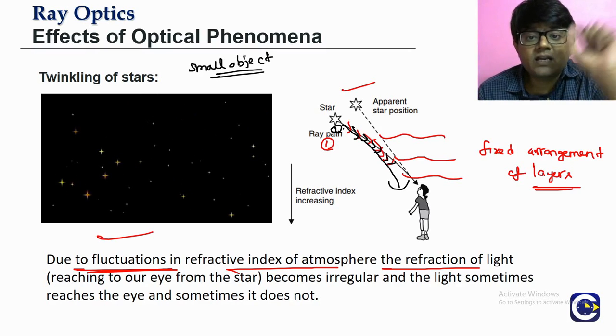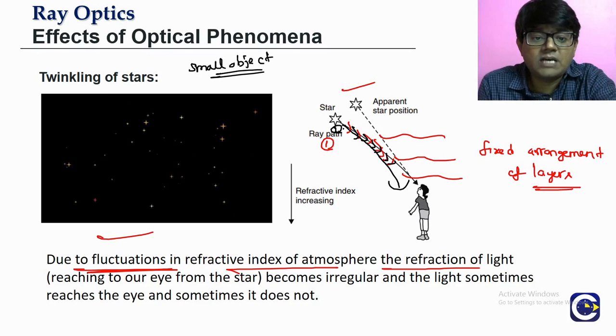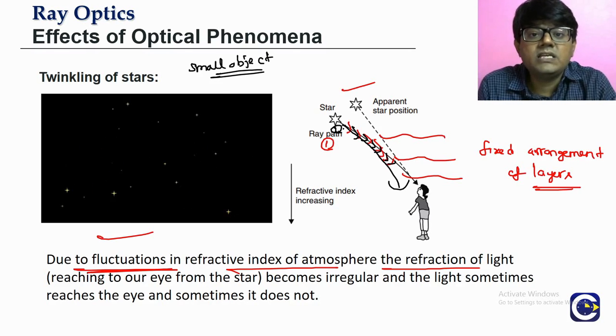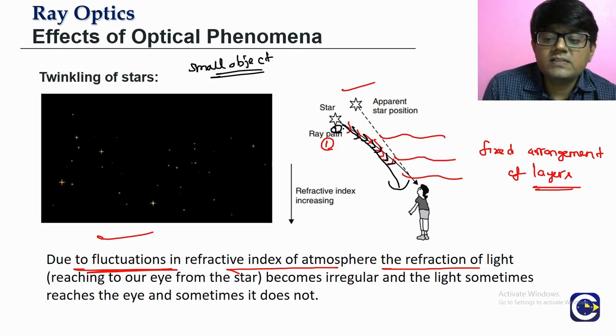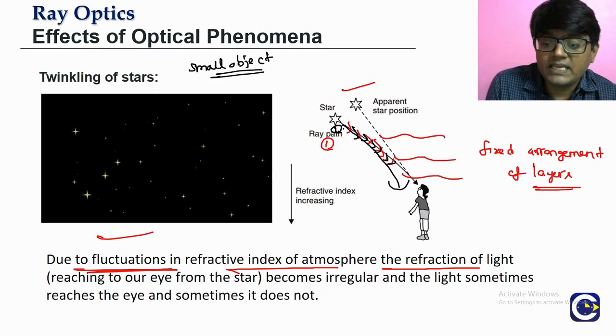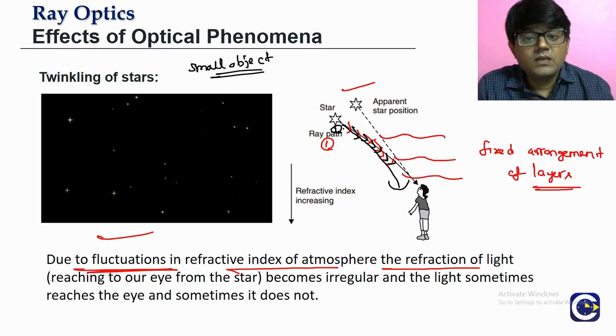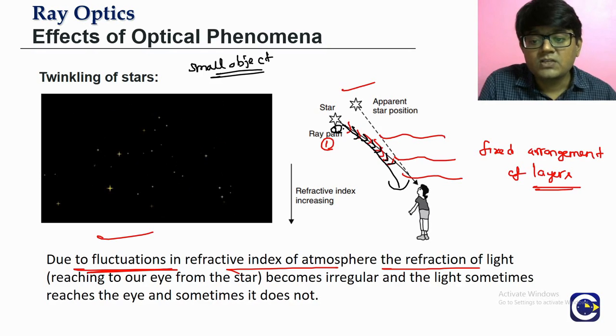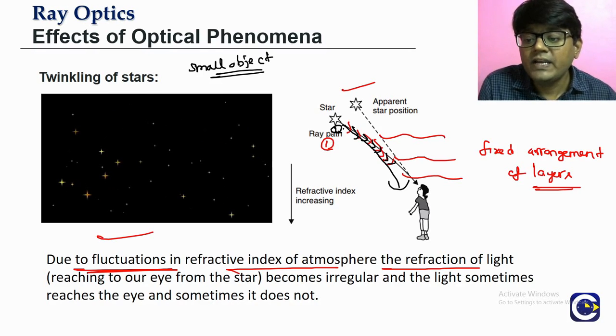When they enter the eye exactly, the observation happens. But if they miss the eye, we will not be able to see the star. Because of this irregular phenomenon, sometimes the light rays from the star will reach the eye and sometimes they don't. When they reach the eye, we see a bright observation. When they don't reach, it is almost invisible. As a result, we see the phenomenon of twinkling.